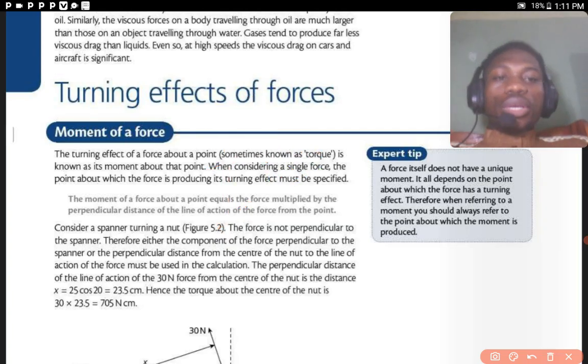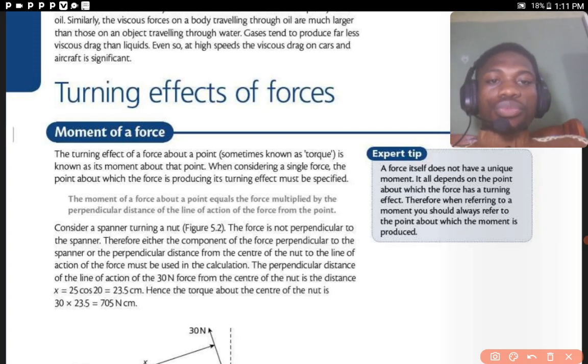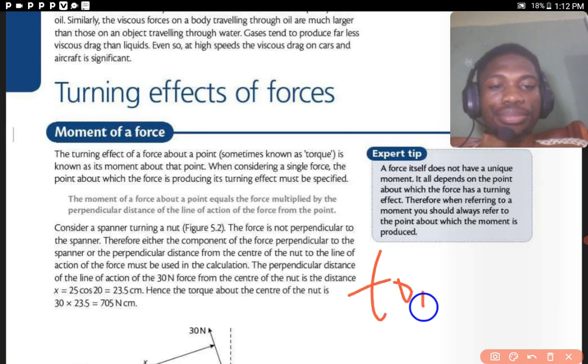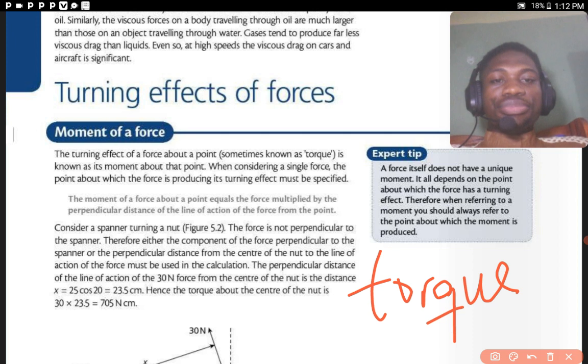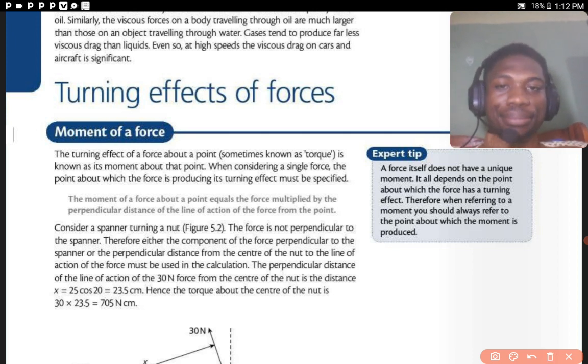The turning effect of a force, sometimes known as torque, is known as the moment at a point. When considering a single force, the point about which the force is producing its moment effect must be specified.